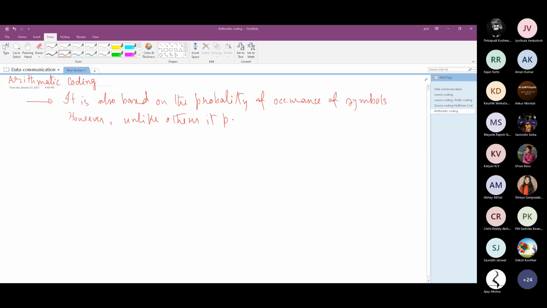It produces a single real number. It can be a decimal or binary number.